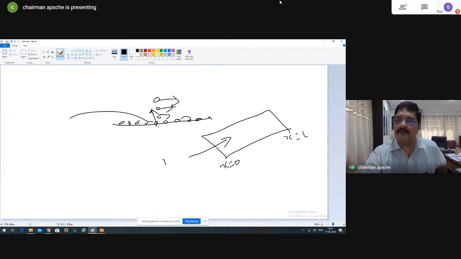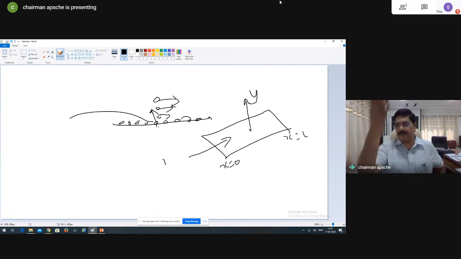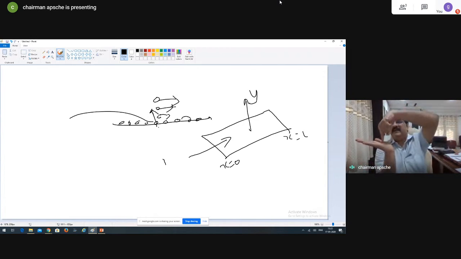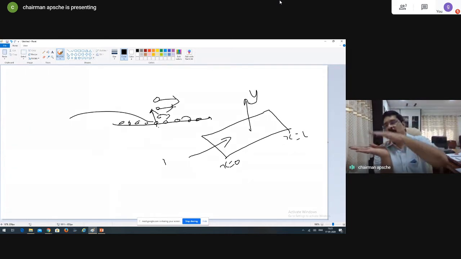Please remember your y direction is normal to the plate. My finger indicates the y direction, upward movement. As you move away from the plate, there can be velocity variations. Now, what am I talking about? Local heat transfer coefficient and average heat transfer coefficient.